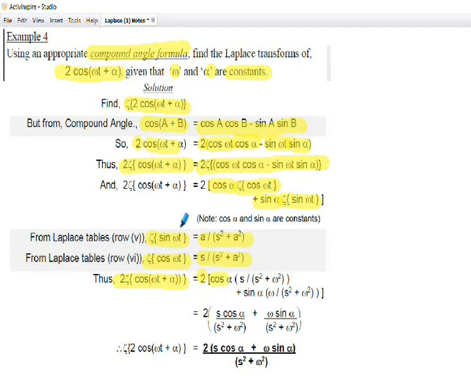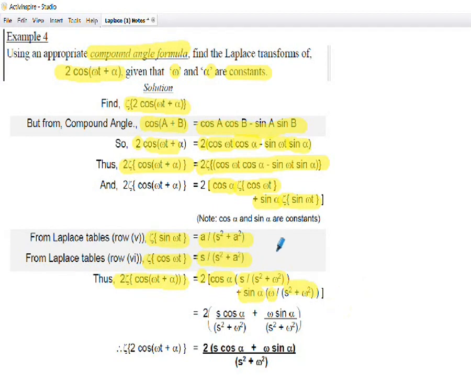We've got cos alpha, which is the constant, and the Laplace of cos omega t is s divided by s squared plus omega squared, and then that's added to sine alpha, which is the constant, multiplied by the omega over the s squared plus omega squared term.